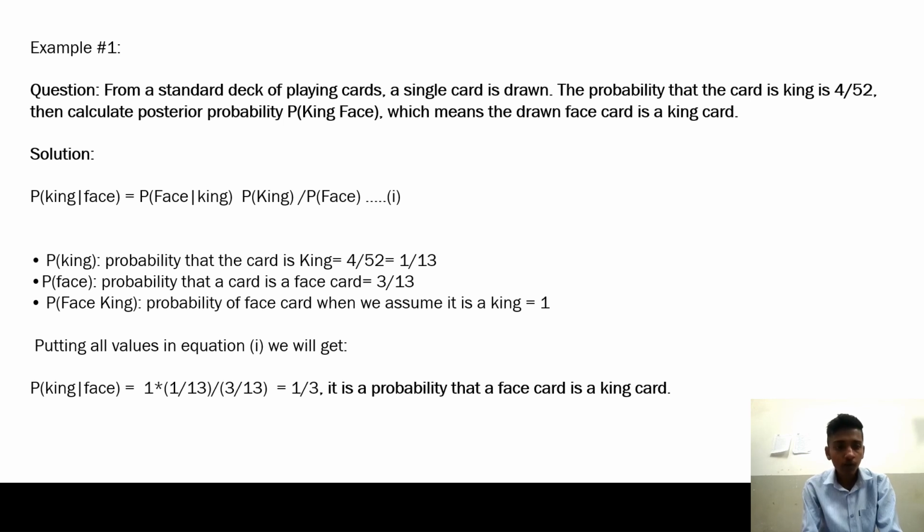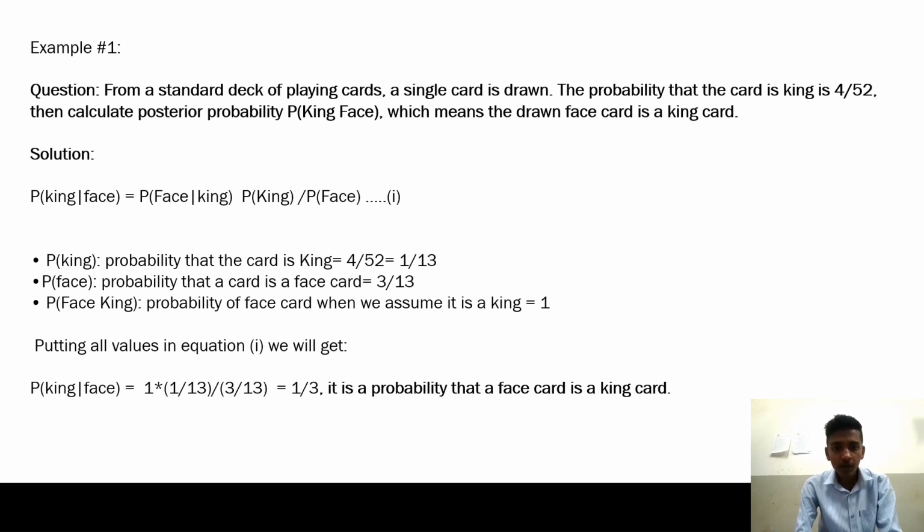So we can find the probability of face, that is the probability that a card is a face card. That is equal to 3 by 13. Then the probability of face given king. So we can find probability of face given king as the probability of a face card when we assume it is a king. So that is the only one possibility, that is, the answer is 1. So putting all values in equation 1 as we equated above in the solution, probability of king given face is equal to probability of face given king into probability of king divided by probability of face.